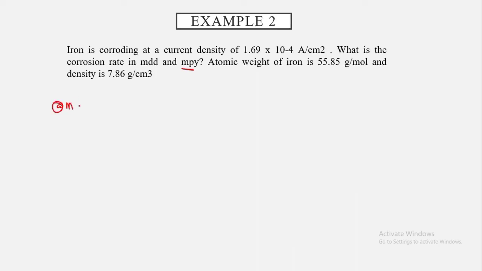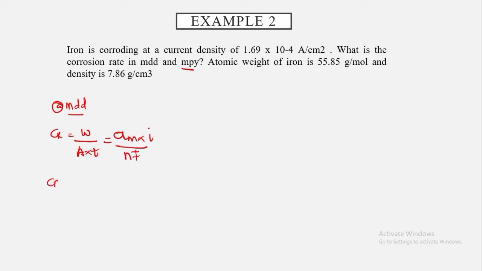With MDD, we established that first you need to find your unit in gram per centimeter squared per second. So corrosion rate is equal to the mass reacted all over the area times time, which is equal to the atomic weight times the corrosion current density all over the number of electrons transferred times Faraday constant, right? So let's do some substitution.